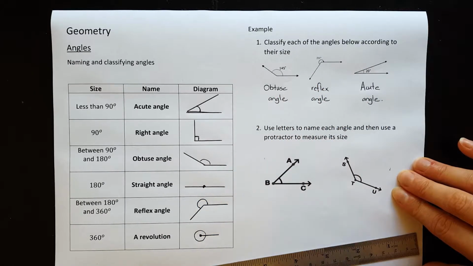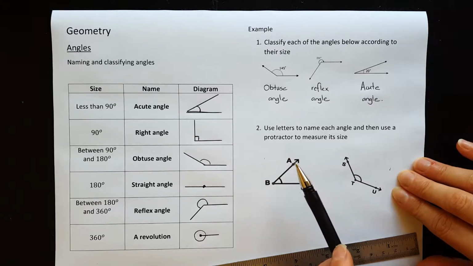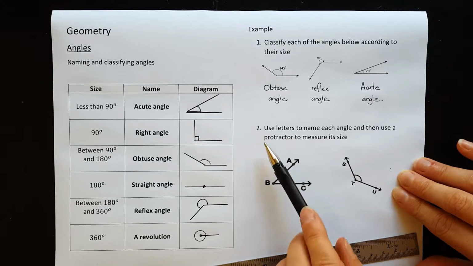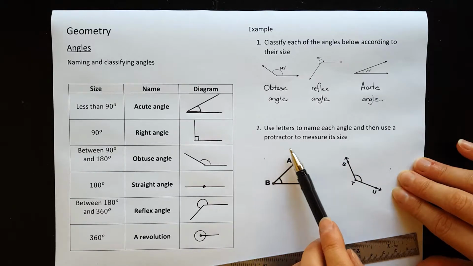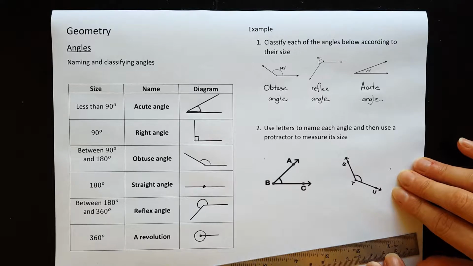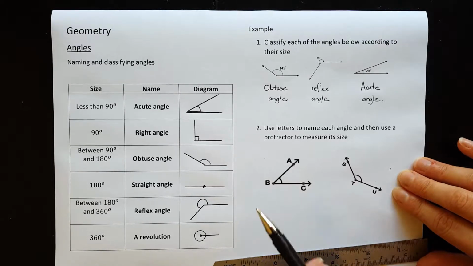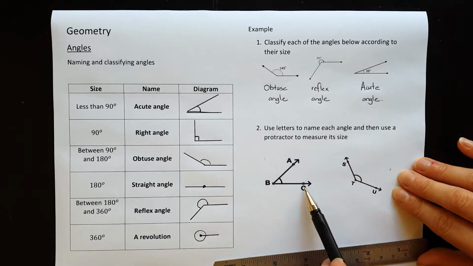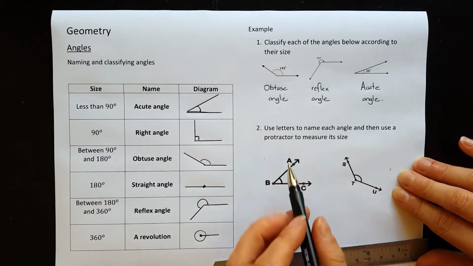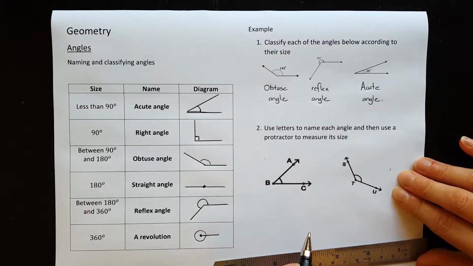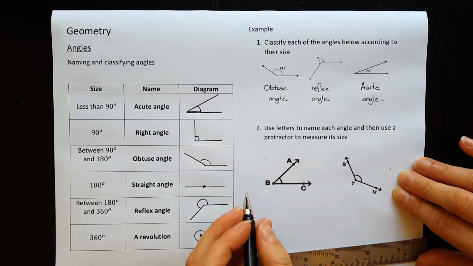The other thing we need to do in example number 2 here is to be able to use letters to name angles. It says use the letters to name each angle and then use a protractor to measure its size. To label the angle, we need to have some letters on both the arm and the vertex of the point. We always want to use 3 letters to name an angle.